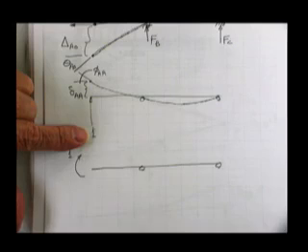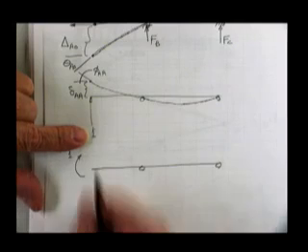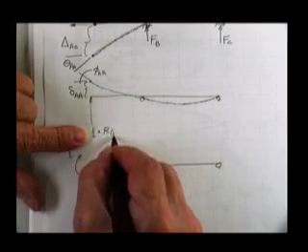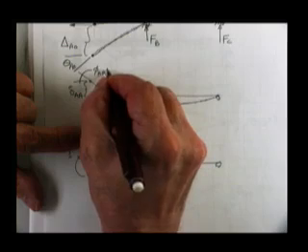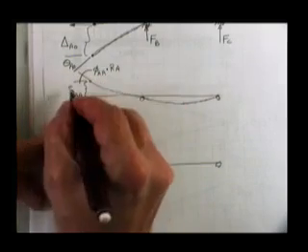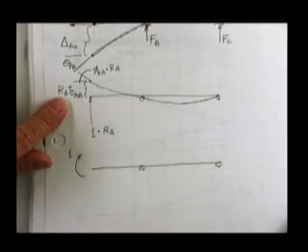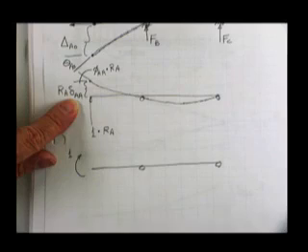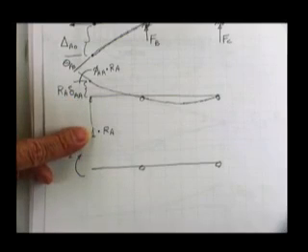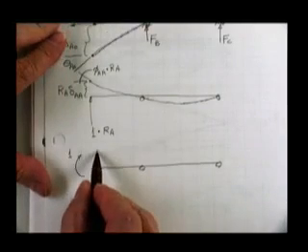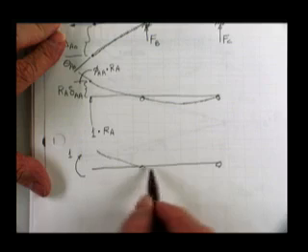It really will have no units because the units will come when you multiply it times the reaction at A. That's where the units come from. This guy doesn't have any units. That's why this isn't a 1 kip, really. It's just a 1. Then when you do this, the beam will bend kind of like this.